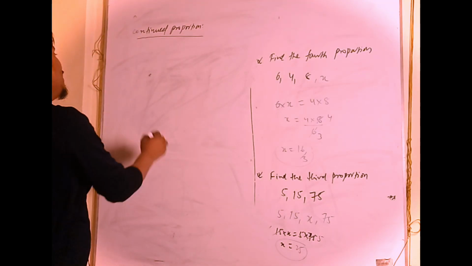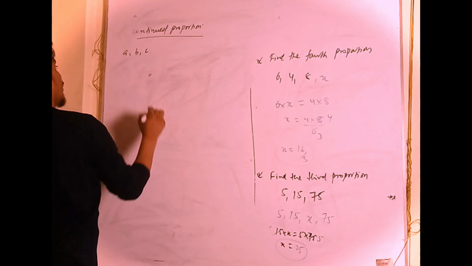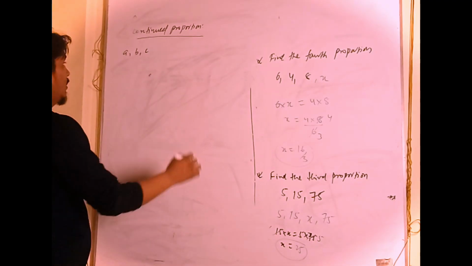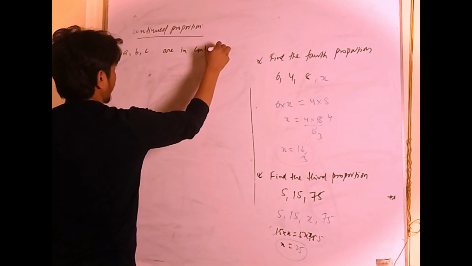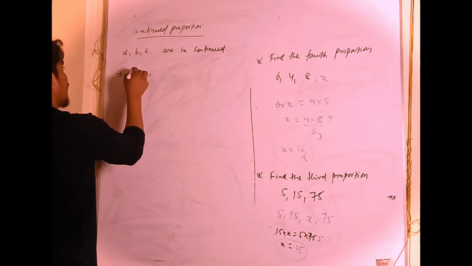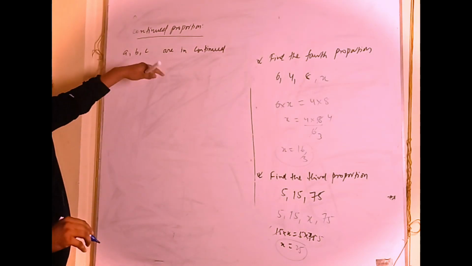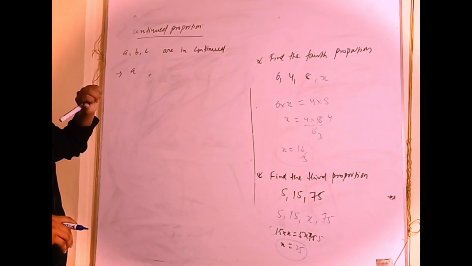Let's say A, B, C are the numbers in continued proportion. It means that we have a continuation of numbers.